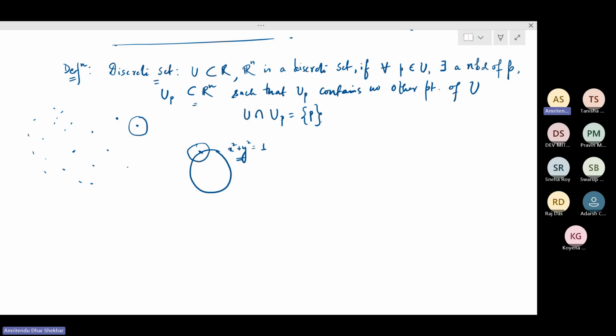Right. So if you ask me computationally what is a discrete set and what is not a discrete set, there's no one mathematical formula which can tell you if a given set is discrete or not. It depends on various cases. For instance, discrete sets have the property that if you take the union of two discrete sets, it's again going to be a discrete set.